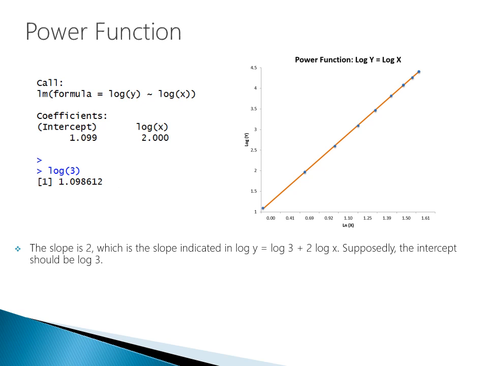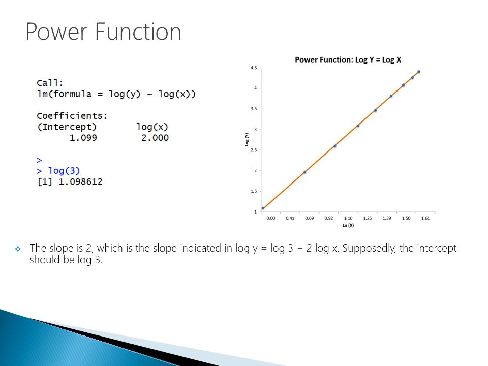The slope in this case is 2, which is the slope indicated in our log y equals log 3 plus 2 log x. Supposedly, the intercept should be log of 3. So if I just take the log of 3 in R, I find that the value is 1.098, which is the same as the intercept we see on our regression formula.